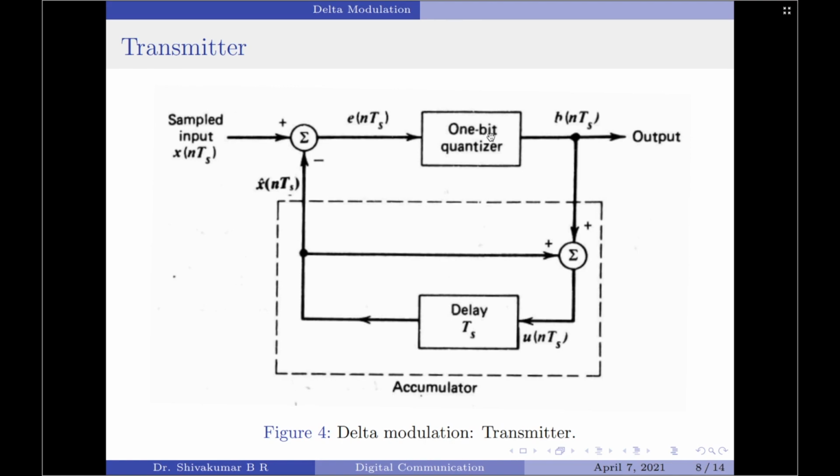This eliminates the need for code word framing. The second unique feature is the simplicity of design for both the transmitter as well as the receiver. These two features make the use of delta modulation attractive for some types of signal communications and for digital voice storage. Right, with that we come to the end of this discussion on delta modulator.